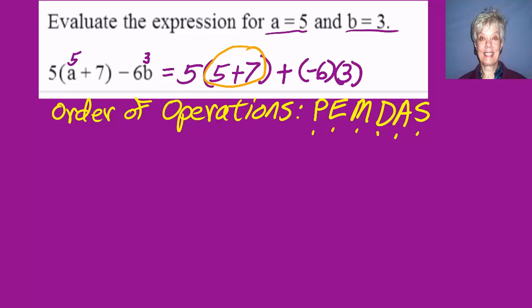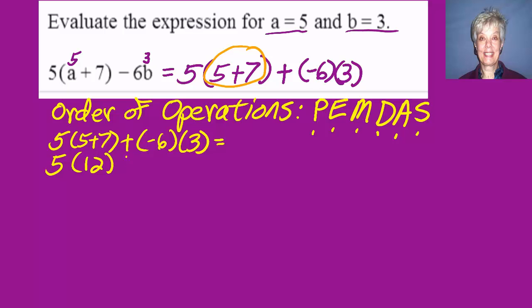And so here we go. Originally, I had 5 times 5 plus 7 plus -6 times +3. And what that equals is 5 times 12 plus -6 times +3. Now we have to look back at PEMDAS again.